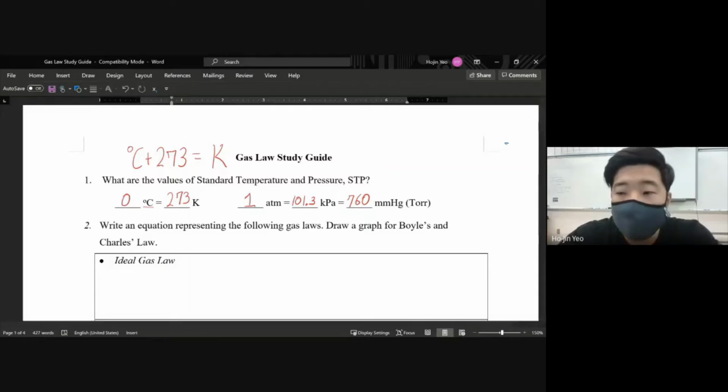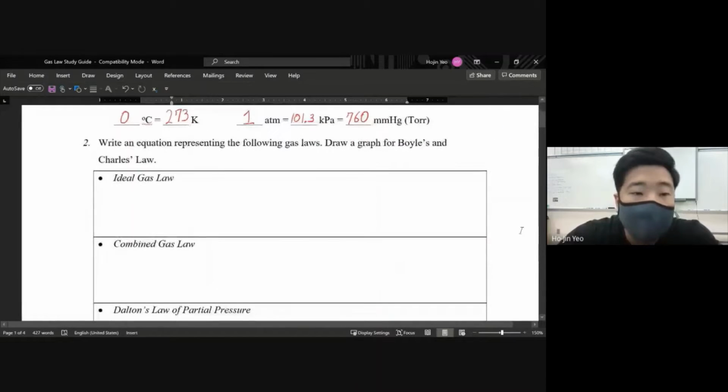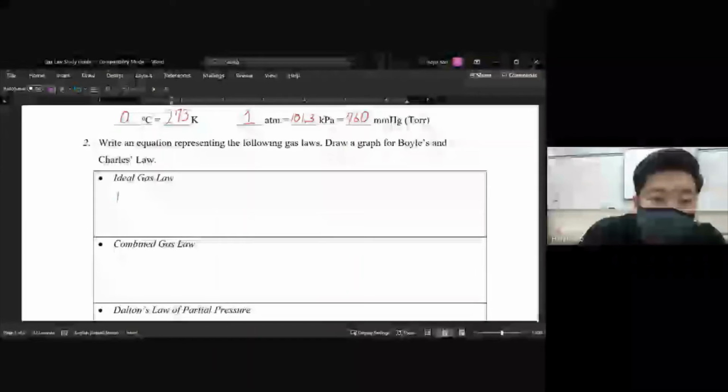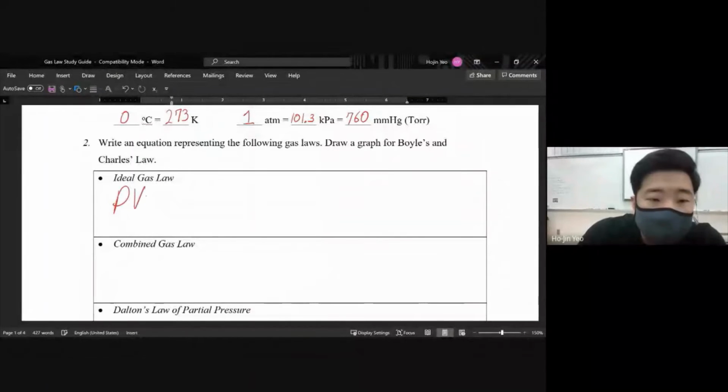There are a couple rules or regulations and laws that you need to know. First of all is the ideal gas law. The ideal gas law is PV equals nRT.